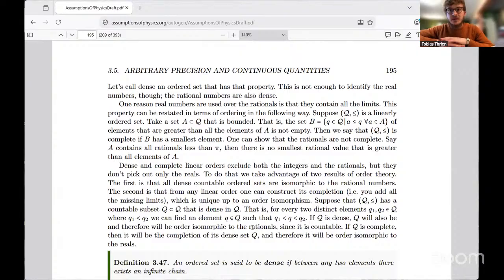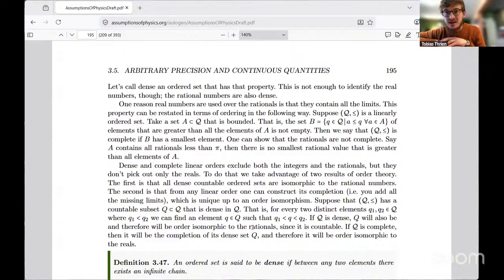One reason real numbers are used over the rationals is that they contain all the limits. This property can be restated in terms of ordering in the following way. Suppose Q is a linearly ordered set. Take a set A, which is a subset of Q, that is bounded.